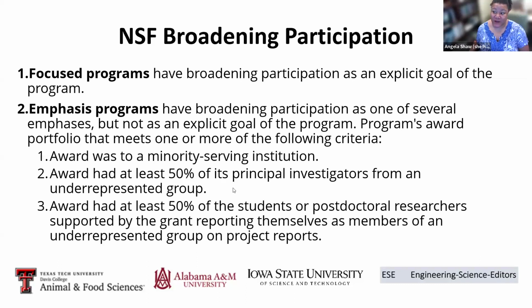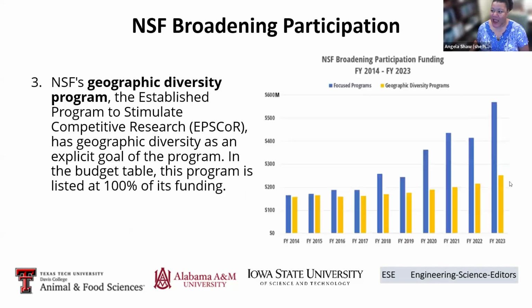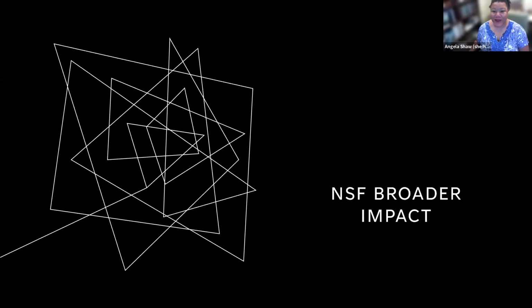They want to have at least 50% of their PIs as underrepresented groups, as well as looking at students and postdoc support. And they do a chart every year where they're tracking their money. So if you're thinking about NSF, it's a great place to think about niche audiences and niche partnerships going forward.